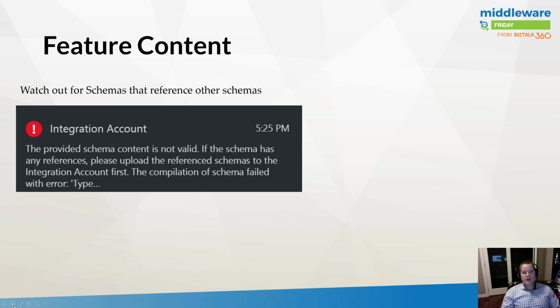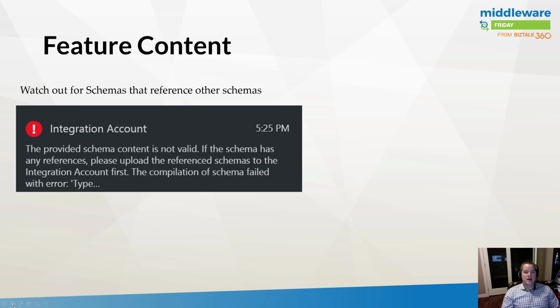Now, here's a bit of a warning or a gotcha. Inside of SAP, there's some common schema types that are used. So this is pretty normal practice if you've ever done SAP integration. Now, what happened to me was that inside of our BizTalk solution, we had a subfolder called Common SAP Types, something to that effect. And I had the common types nested inside of that folder. So naturally, I bring this forward.